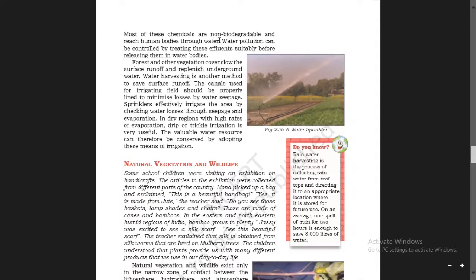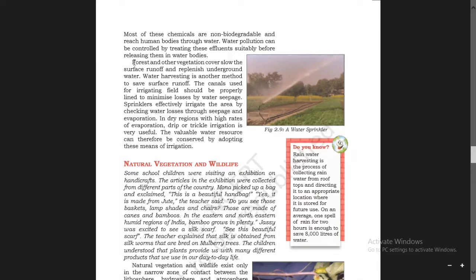So most of these chemicals cannot be decomposed by biological ways, and that is why they reach our human bodies through water. Water pollution can be controlled by treating these effluents suitably before releasing them in water bodies. We have to know this.